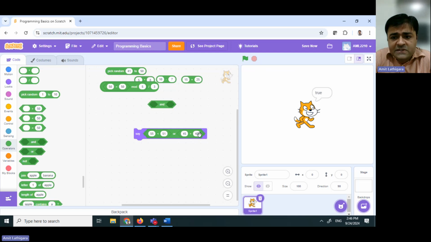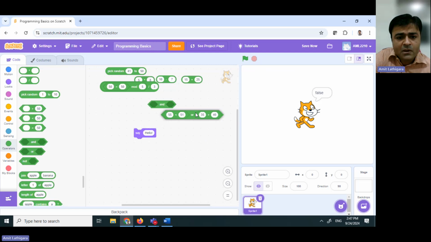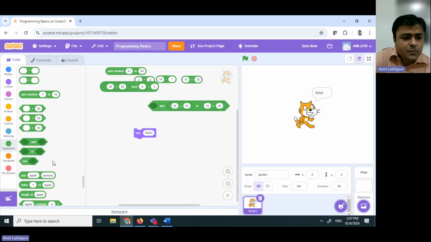If both are false, then and only then answer is false. For example, here I want to keep 35 greater than 40, which is false. 55 less than 51, that is also false. So answer is false.